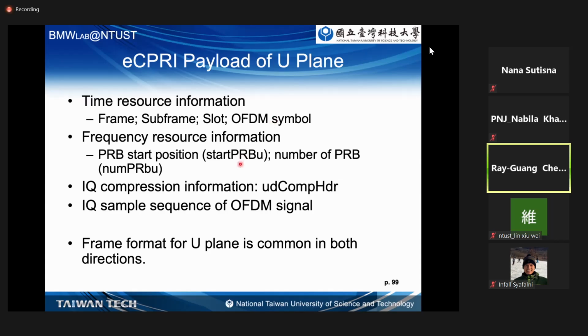They show you the starting PRB and the number of PRB you are using. So for each part, this shows you the time information, this shows you the frequency information, where is the starting frequency and how many subcarriers do they carry.